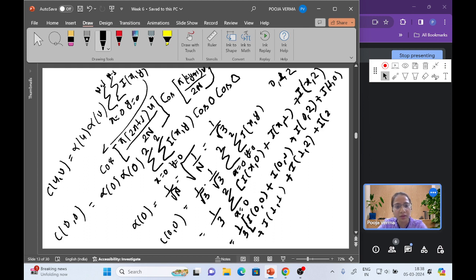I 2 comma 0 plus I 2 comma 1 plus I 2 comma 2, and the whole bracket is closed. Okay, so what are all those things? I 0 comma 0, I 0 comma 1, I 0 comma 2, I 1 comma 0, I 1 comma 1, I 1 comma 2, I 2 comma 0, 2 comma 1, and 2 comma 2.